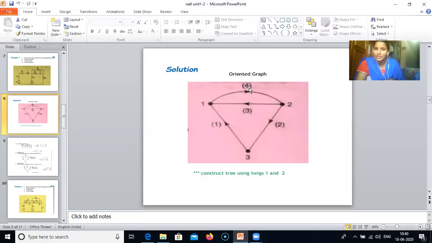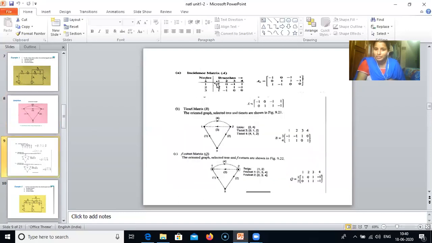How many branches are associated? 1, 3 and 4. Branch 1 is entering, so it should be minus 1. Branch 2 is not associated. Branch 3 is entering, so minus 1. Branch 4 is leaving, so plus 1. In the same way, this is a complete incidence matrix. Reduced incidence means one row will be removed.